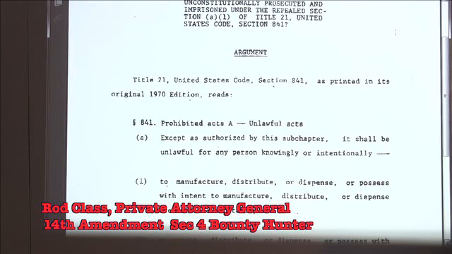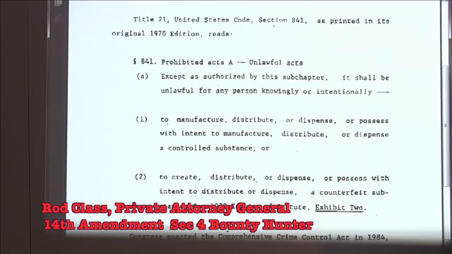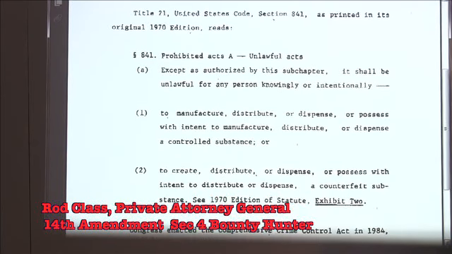Except as authorized by this subchapter, it shall be unlawful for any person knowingly or intentionally to manufacture, distribute, or dispense, or possess with intent to manufacture, distribute, or dispense a controlled substance, or create, distribute, or dispense, or possess with intent to distribute a counterfeit substance. See 1970 statute, Exhibit 2, which is part of the paperwork.